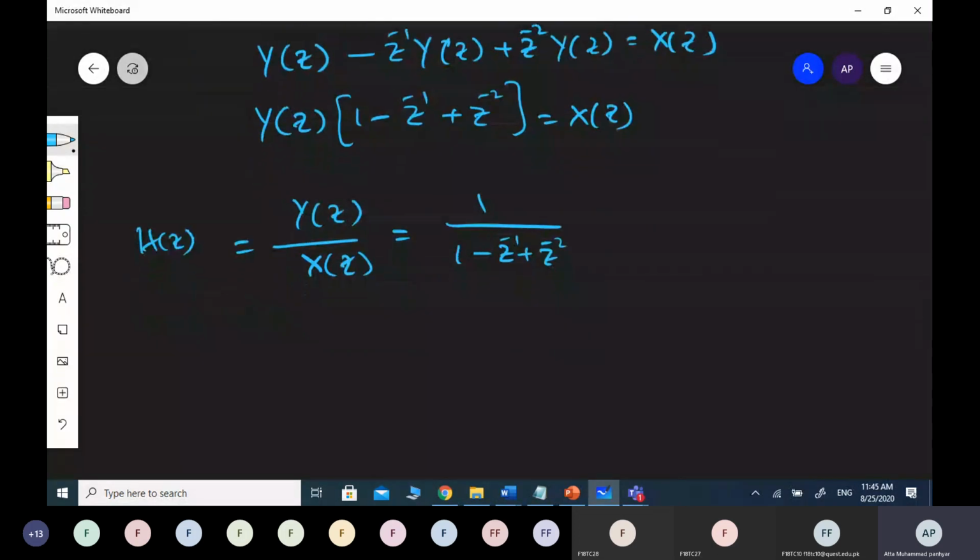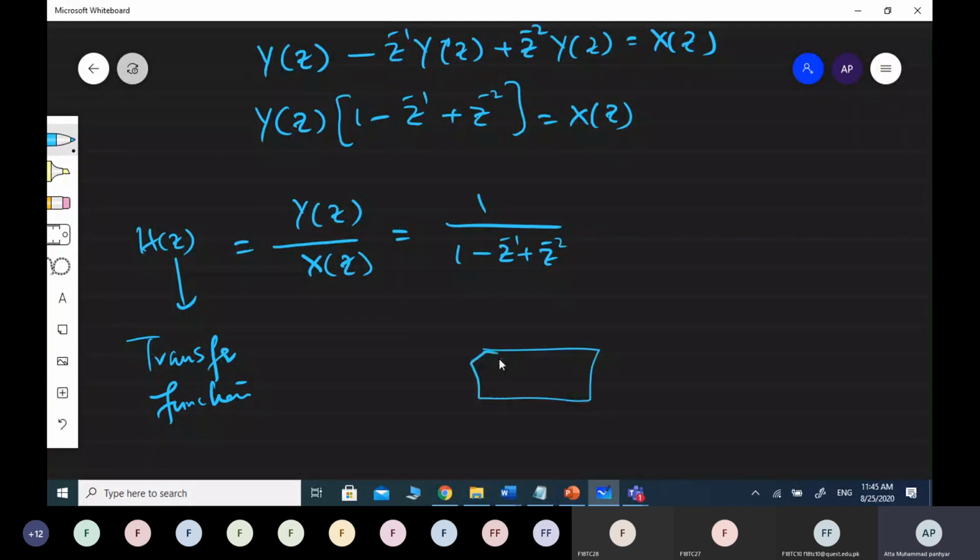What is H of z? This is called the transfer function as well. What does transfer function mean? If we have an LTI system, let me draw it again, a rectangle.